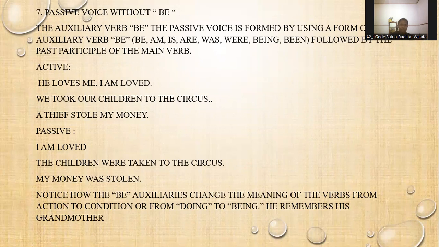Active: He stole my money. Passive: I am loved. The children were taken to the circus. My money was stolen. Notice that be changes the meaning of the verb form from action to condition, from doing to being. He remembers his grandmother.